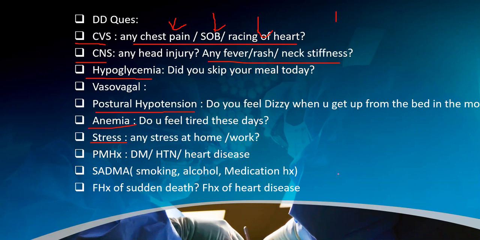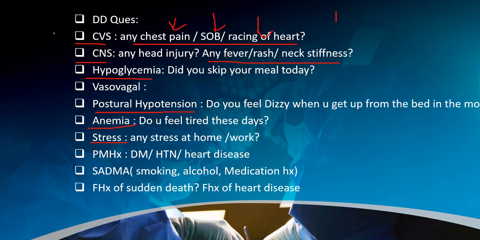So that's your differential diagnosis: CVS, CNS, hypoglycemia, vasovagal, postural hypotension, anemia, and stress. Always try to remember the DD because that's important.